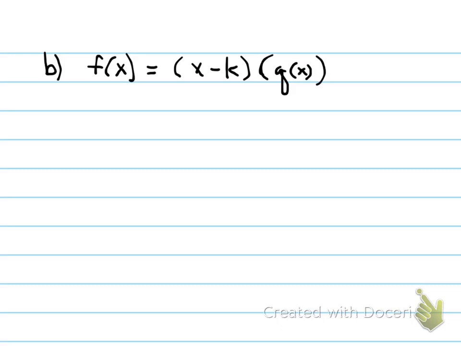That's the thing you get on the bottom. And then at the end you're going to put plus r. This one looks harder than the other one, but it's actually easy to write because everything's already written for you. All you have to do is plunk the x minus k and then the plus r in front of what you already have written.